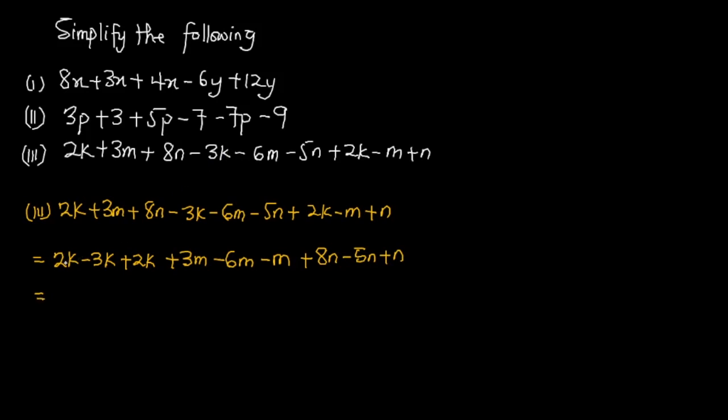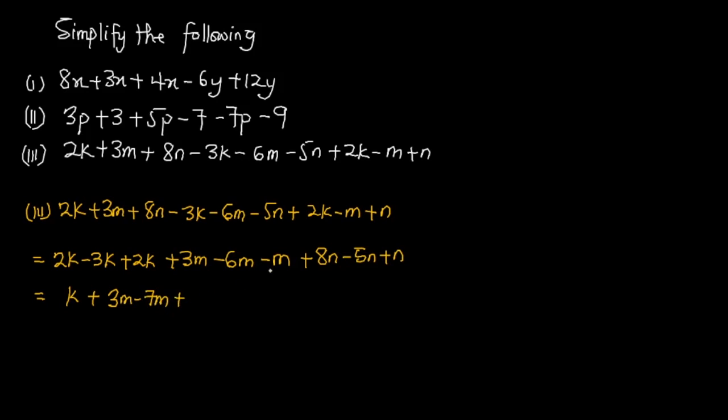Okay, so from here we can go ahead and simplify. We have 2k minus 3k, that will give us negative k, plus 2k, that will give us positive k. Then we have 3m minus 6m minus m will give us negative 4m.